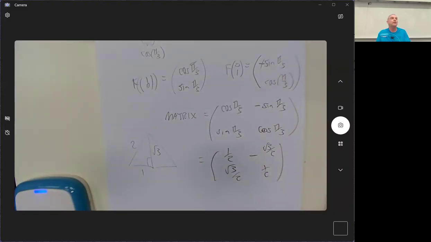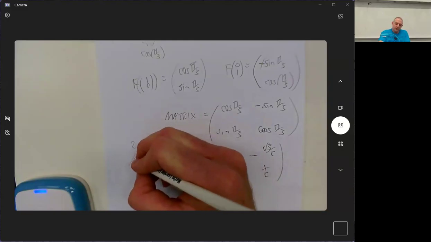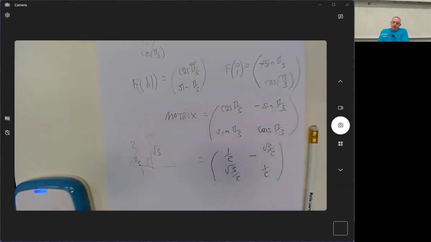Pretty sure that's right. Yep. So pi on 3 is over here. Also, it's a big angle, so sine should be bigger than cos.